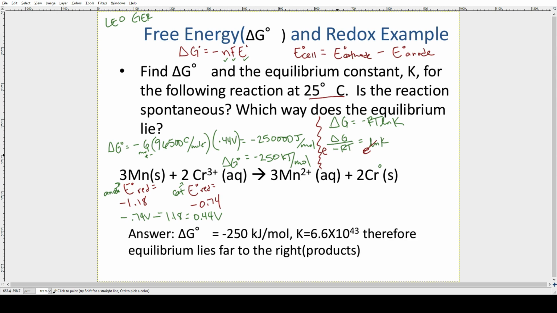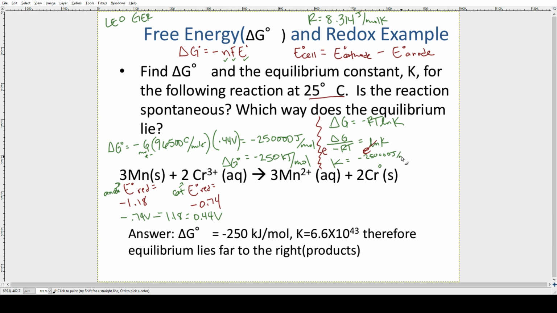So I know that K is going to be equal to e to the, my delta G, so I'll plug that in now, negative 250 kilojoules. You know what? My R value that I use for these is 8.314 joules per mole Kelvin. So should I be using kilojoules in this equation? Probably not. Joules.